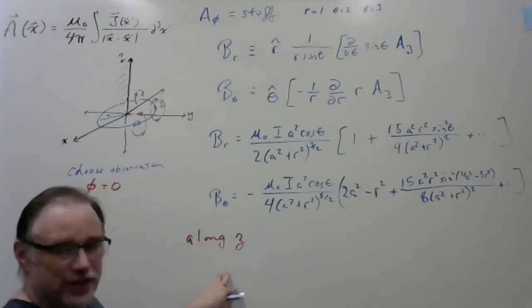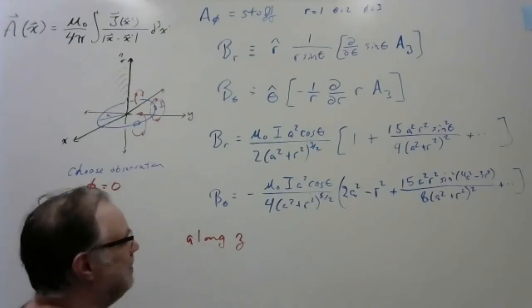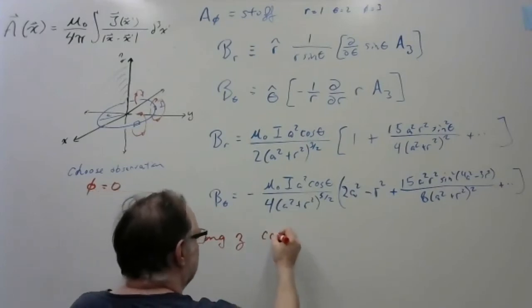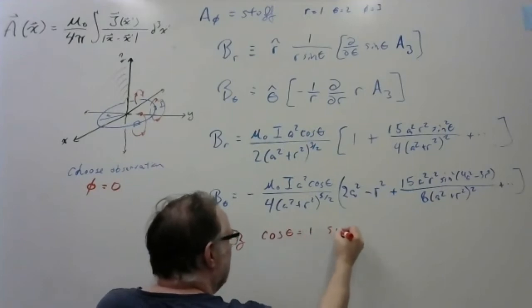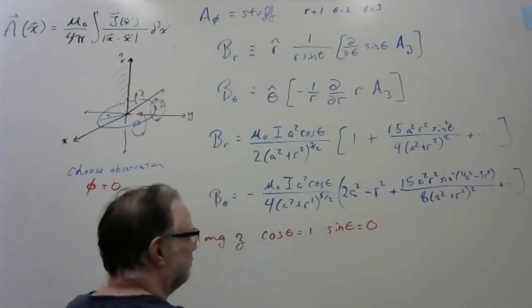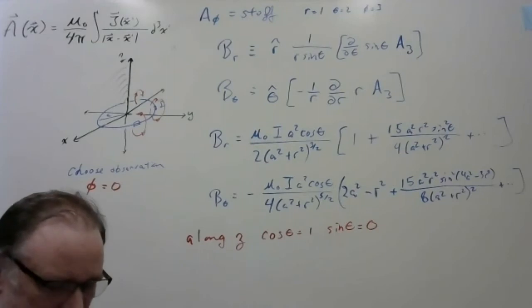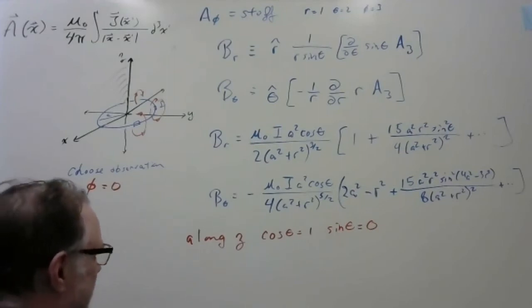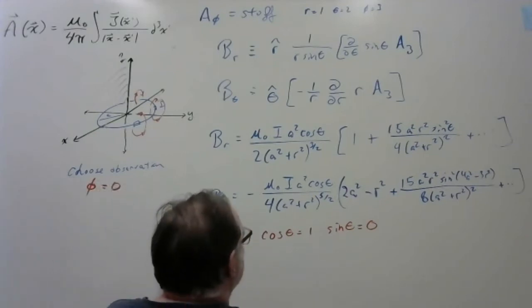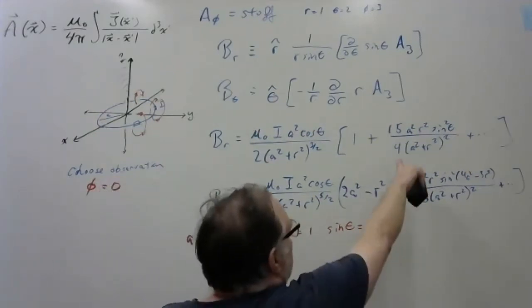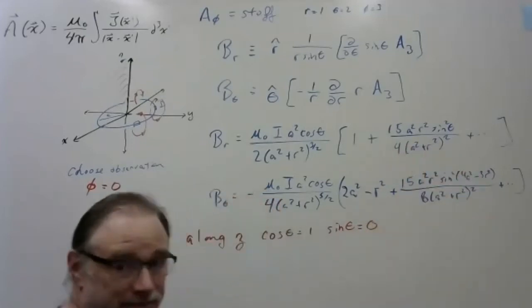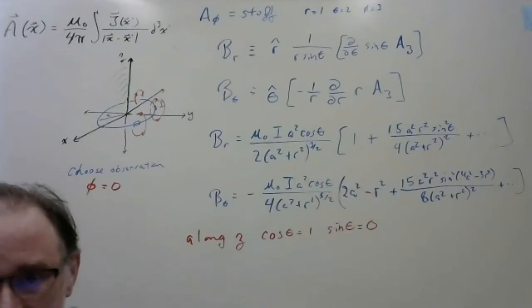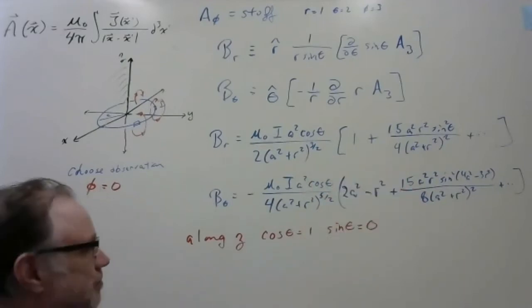So if we look along the z-axis, then our cosine of theta is equal to 1, and sine of theta is equal to 0. If we're along the axis, see all these terms with sine squared, blah, blah, blah in them? Well, the sines are all 0, and since all the other terms have more sines in them, those all go to 0.